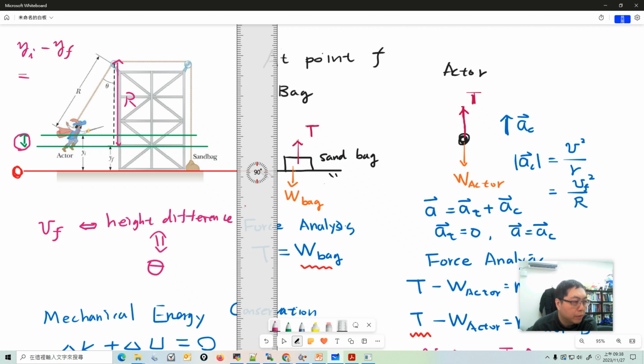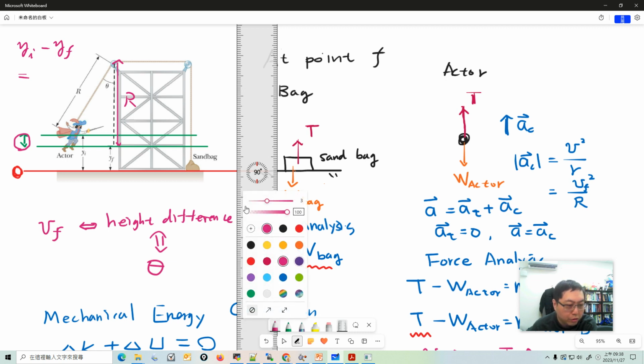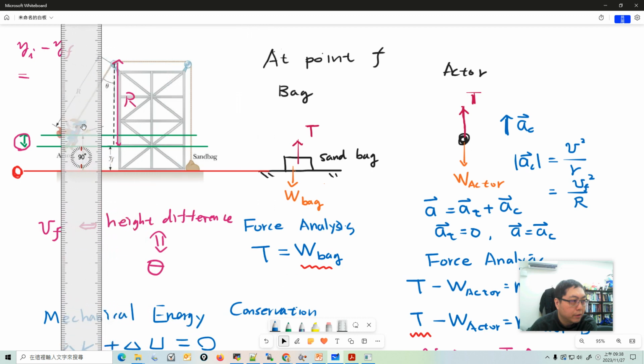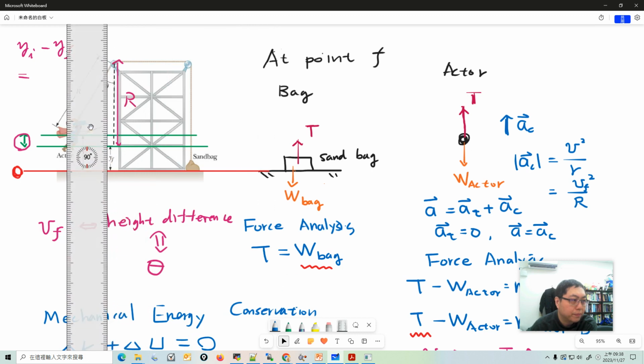If you look at this more clearly, in detail, you will have this information, and here is R cosine theta. It's so difficult to draw here.